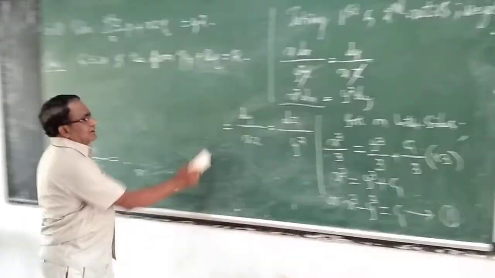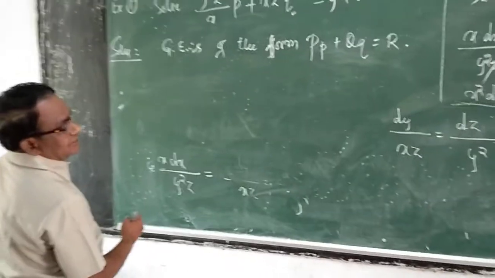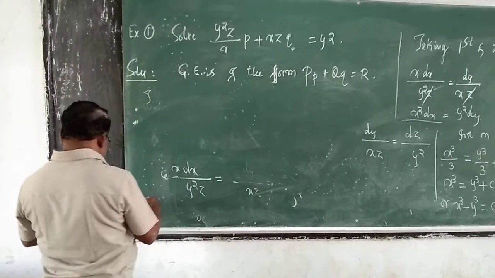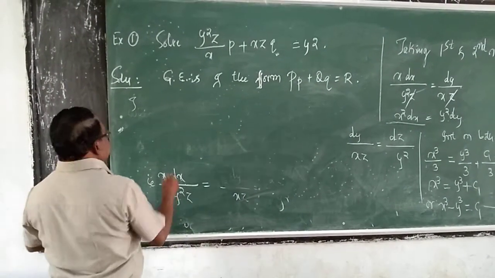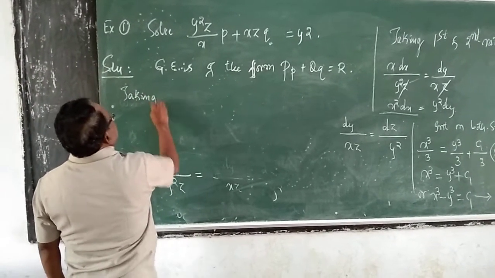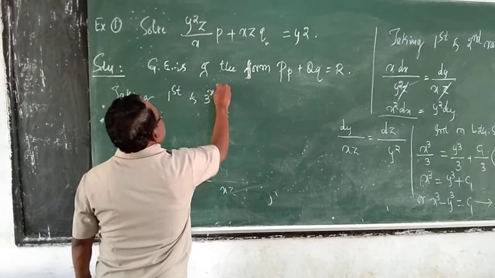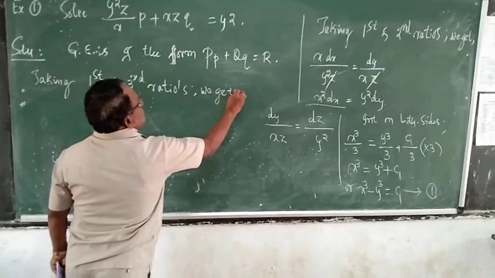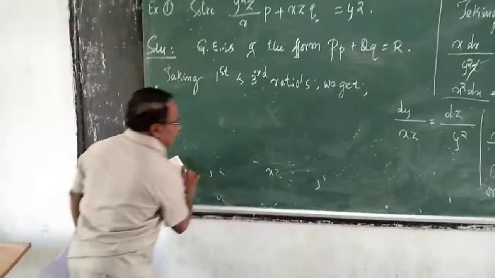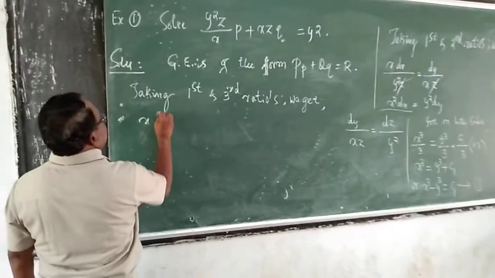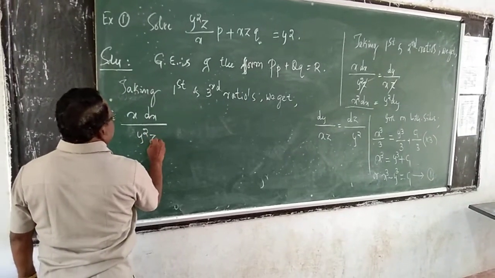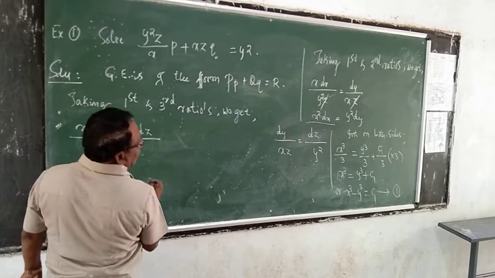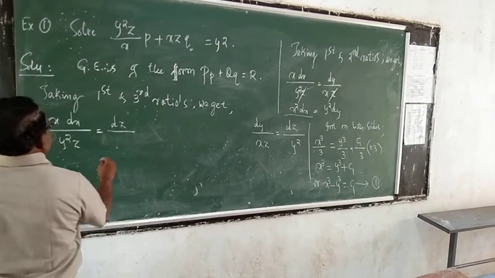Taking first and third ratios, we get, what is the first ratio here? x into dx by y squared z is equal to, what is the third ratio? dz by y squared.